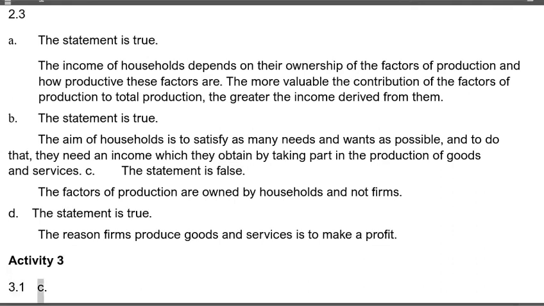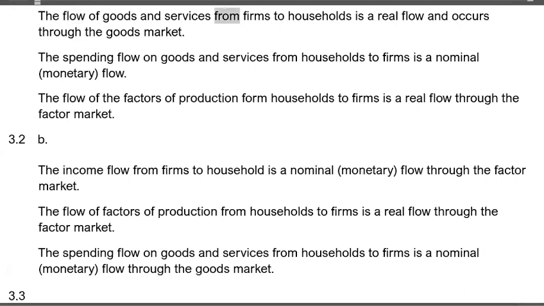3.1c. The flow of goods and services from firms to households is a real flow and occurs through the goods market. The spending flow on goods and services from households to firms is a nominal, monetary, flow. The flow of the factors of production from households to firms is a real flow through the factor market. 3.2b.